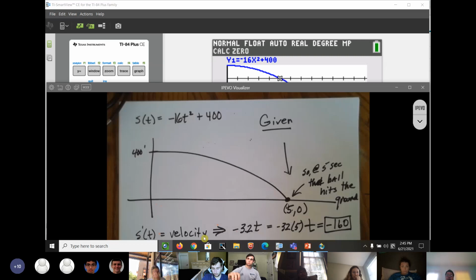So that ball, when it hits the ground, is traveling at 160, and I want to say either meters per second or feet per second, whatever they put this in. And then the acceleration, there is no variable to plug into. So therefore, the answer, no matter what, is negative 32. Sorry.